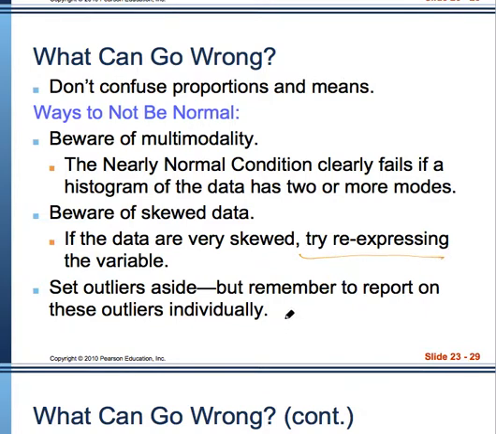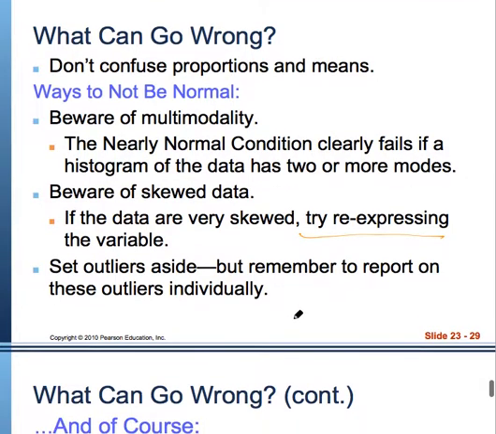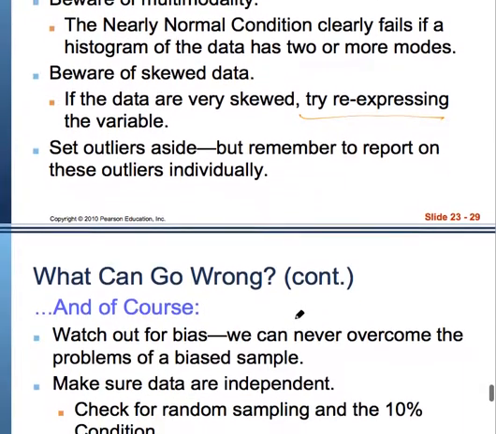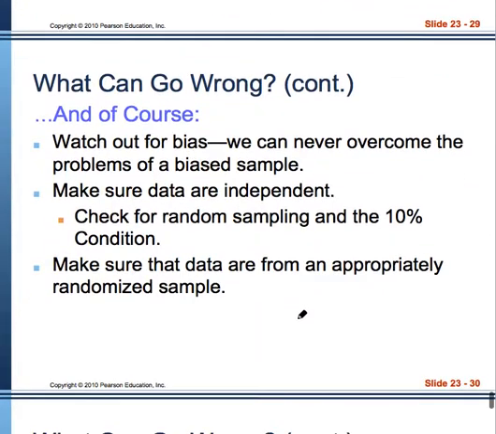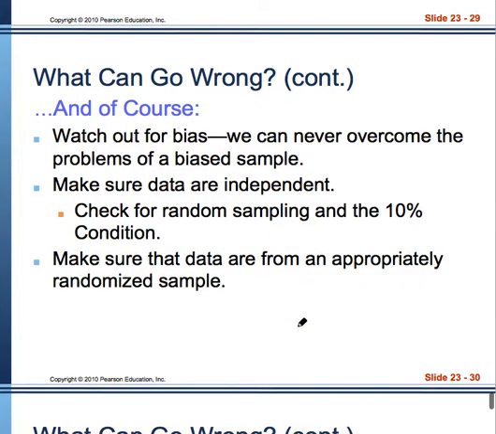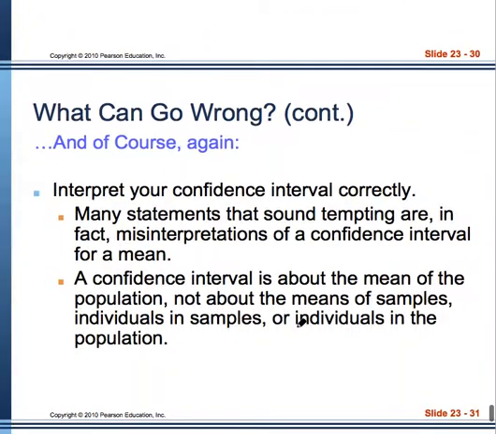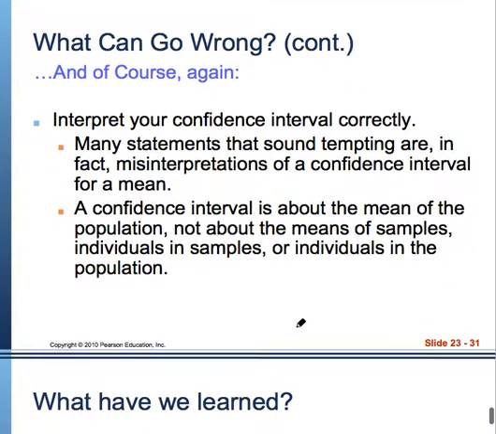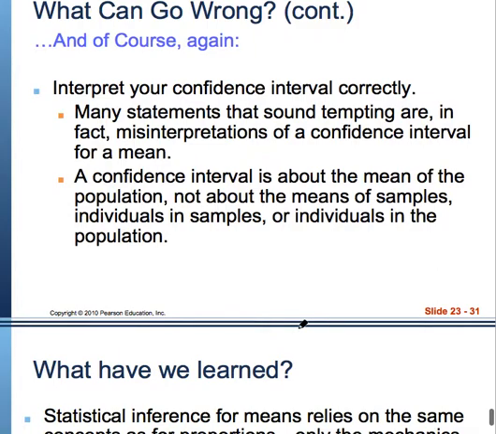We'll re-express data as part of our review for the AP test. And you want to make sure to be aware of outliers. These all are just the same. Watching out for bias, making sure your data are independent, making sure that they're randomized, okay? Making sure that you're using the correct language for your confidence interval.